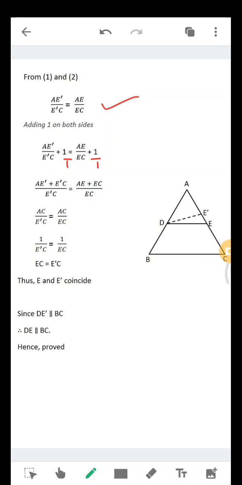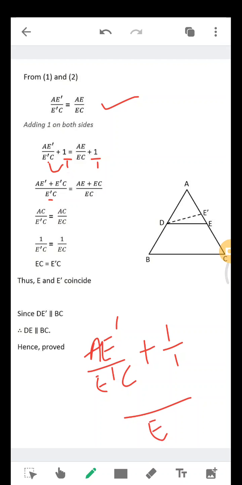Here the LCM is E'C, and cross multiply: AE' plus E'C in the numerator. Similarly here also I find the LCM. LCM is EC, and cross multiply: AE plus EC.